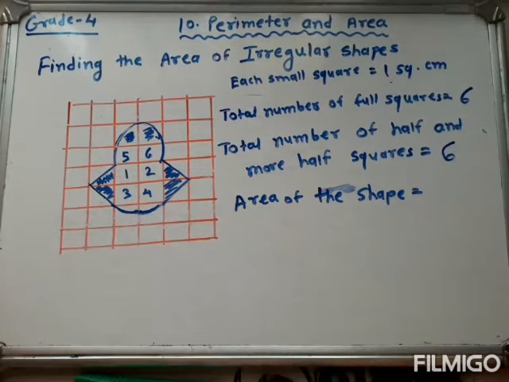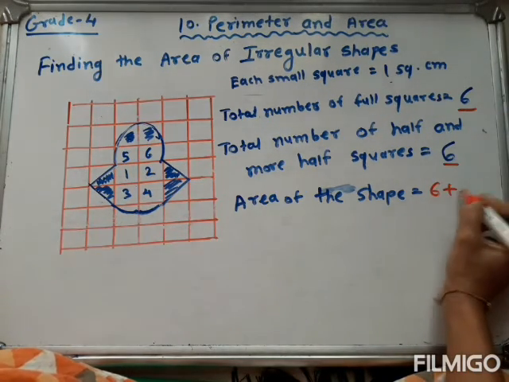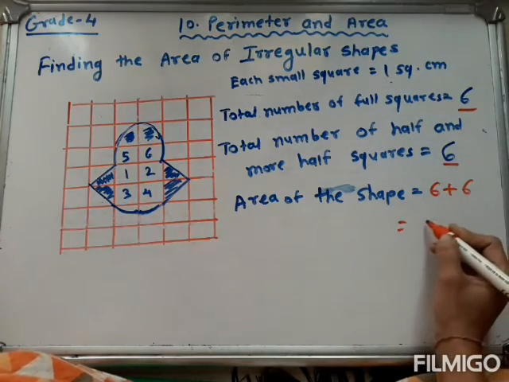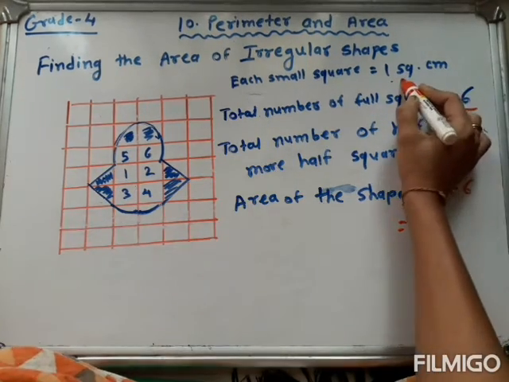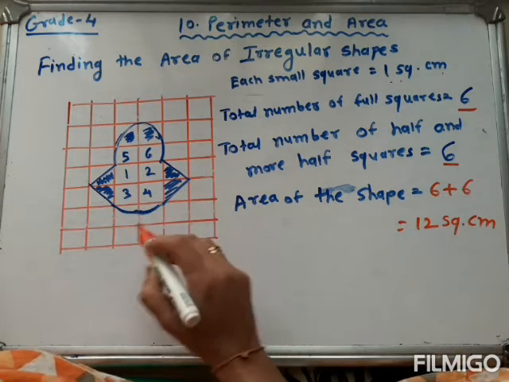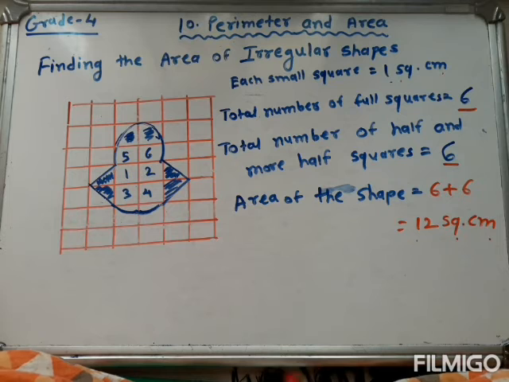See here, the area of this figure is 6 plus 6, which is 12, and the unit is square centimeter. So this is your answer: the area of this figure is 12 square centimeter.